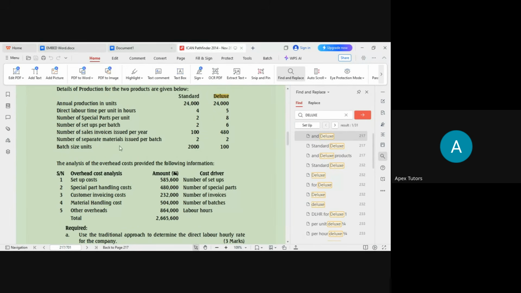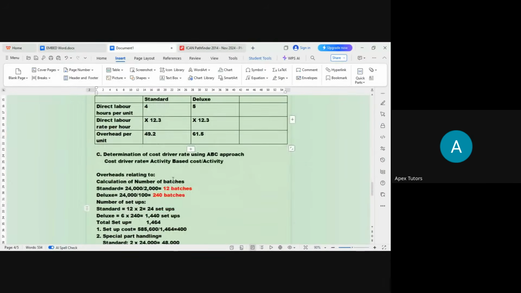Yes, sir. So please, in activity-based costing, this interpretation is very important. You must be able to interpret these words. By the time you don't know how to interpret them, you jumble the whole thing. So the interpretation is key at this point.